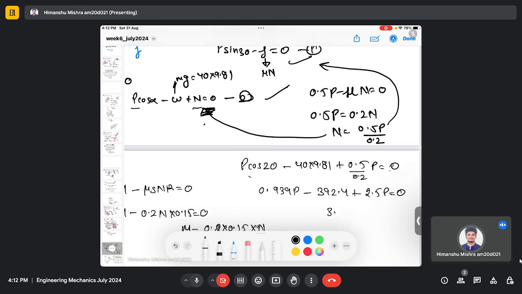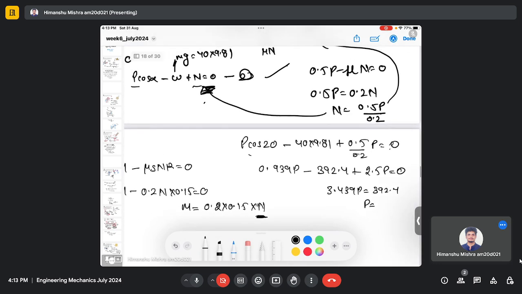So it will be 3.366 P equals 392.4. So my P will be 114.4 Newton. So this is the P.